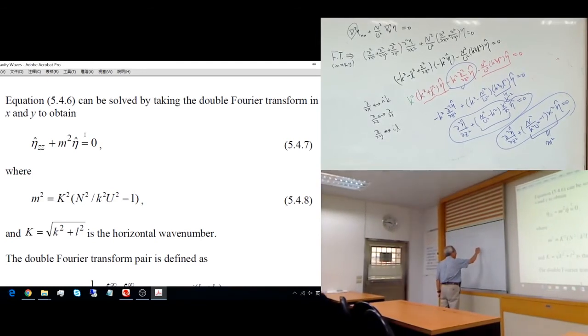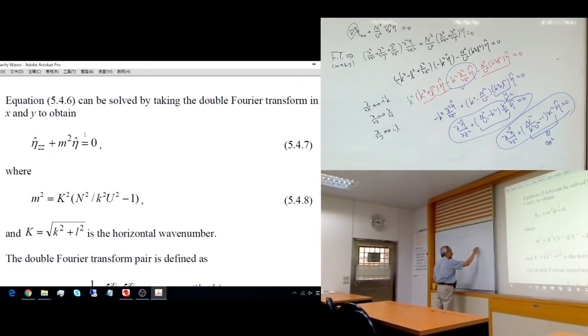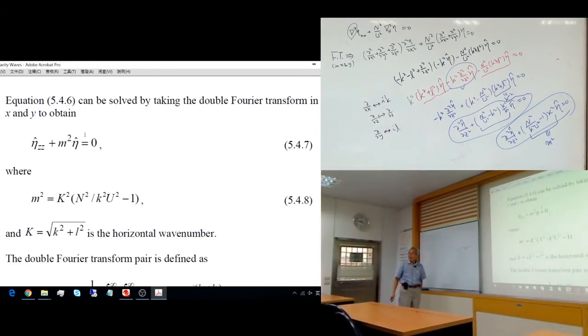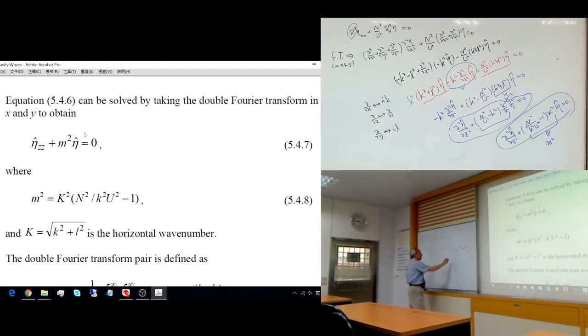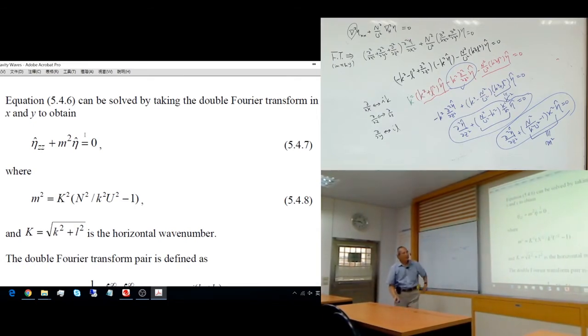This eta hat will be equal to A e to the i m g plus B e to the minus i m g. And M squared is defined as over there.